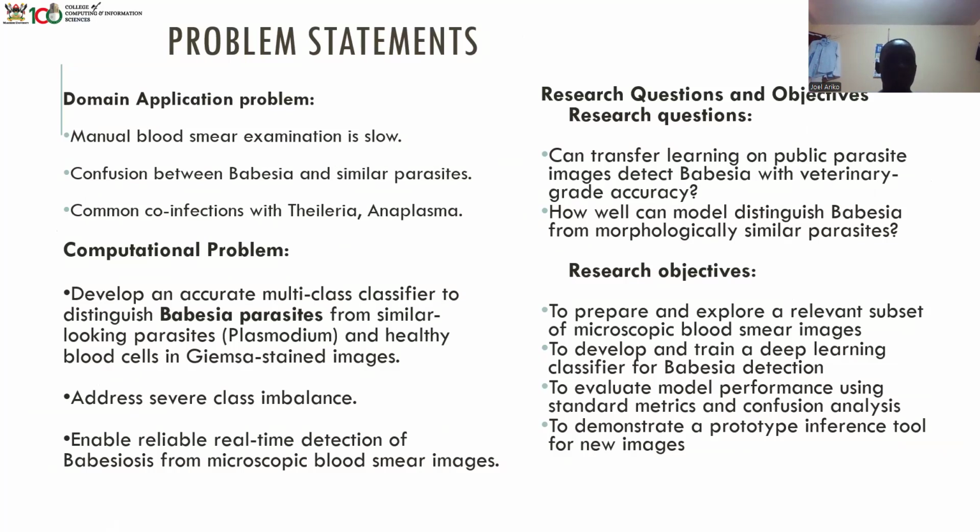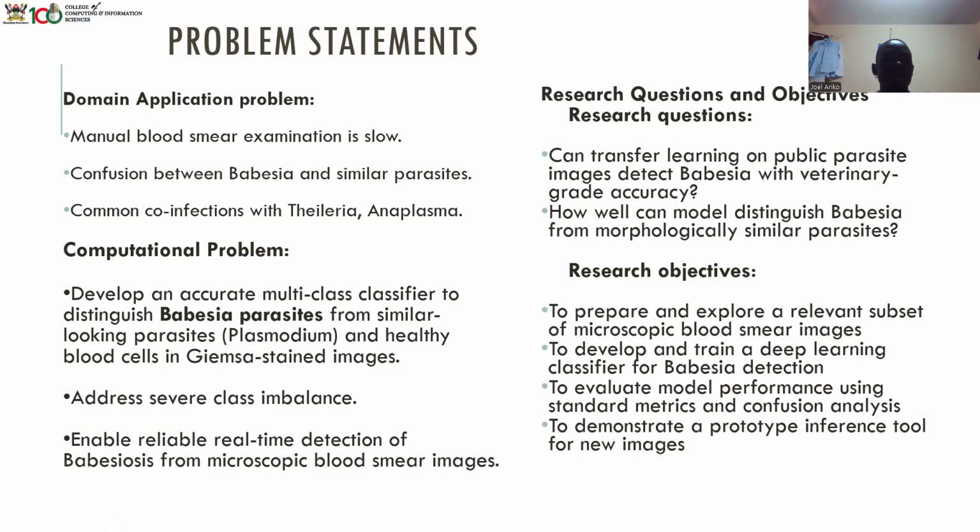These blood smears have been analyzed by the laboratory attendants and also the veterinary doctors. They examine these samples slowly, whereby each sample can span from 30 minutes to an hour.